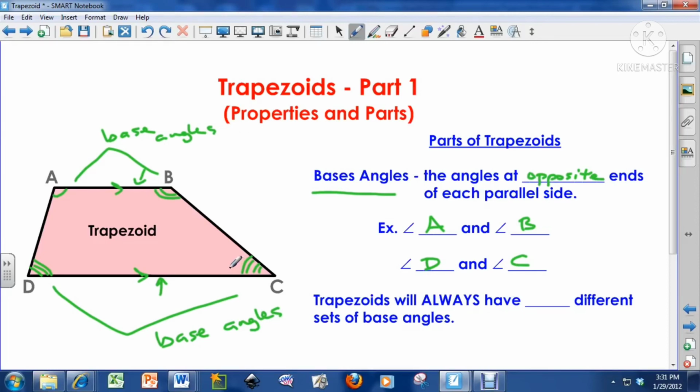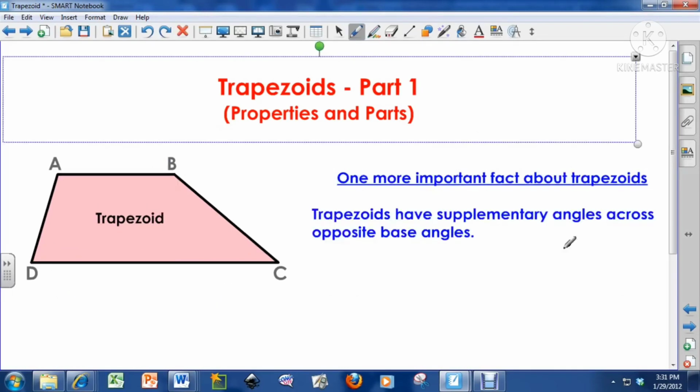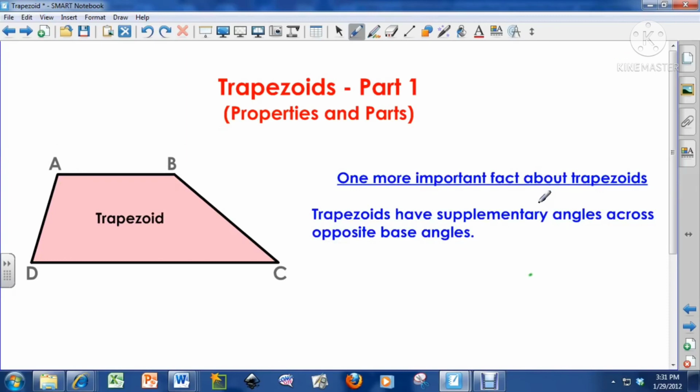So a trapezoid will always have two different sets of base angles. Next, the sum of angle A and D is supplementary. A trapezoid has supplementary angles across opposite base angles.